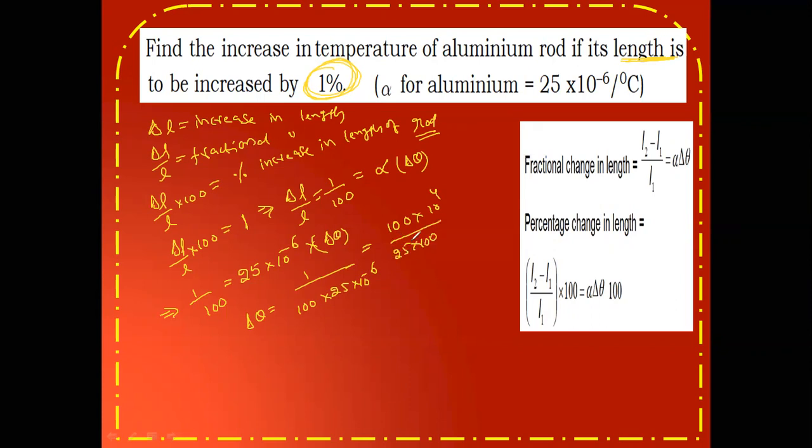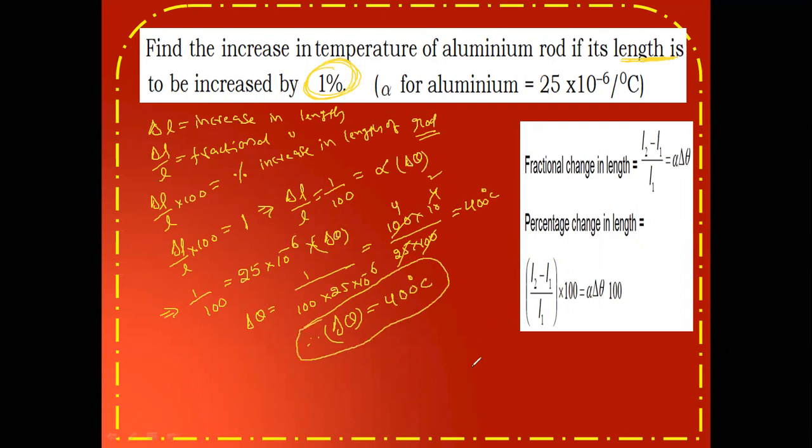Nothing is wrong. So this will be cancelled out 4 times, and this also 2 times. So the final answer is 400 degrees Celsius. The rise in temperature of the rod is 400 degrees Celsius. It is the answer.